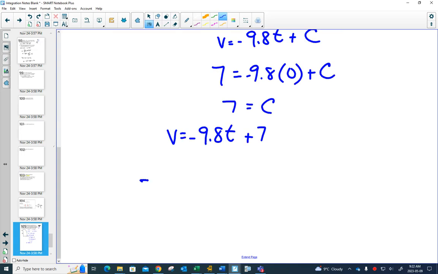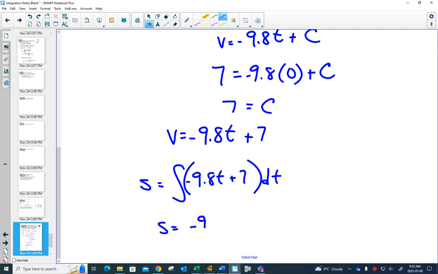Next, I know that my displacement is the integral of velocity. So I can integrate negative 9.8t plus 7 with respect to t: add 1 to the exponent and divide. And I'll use the letter d here instead of c because we used c already.